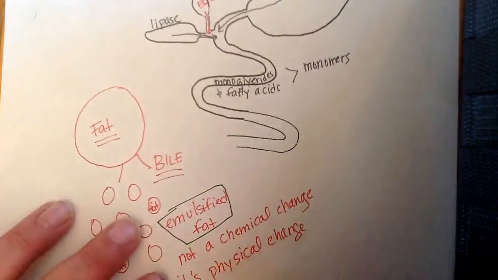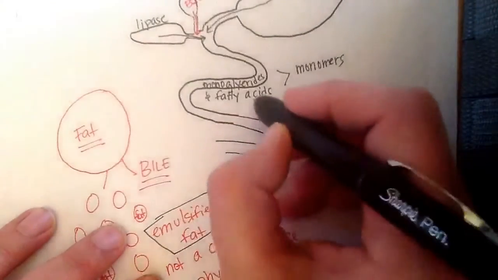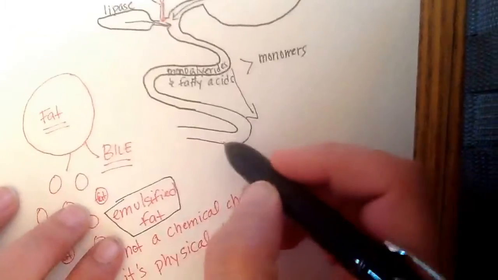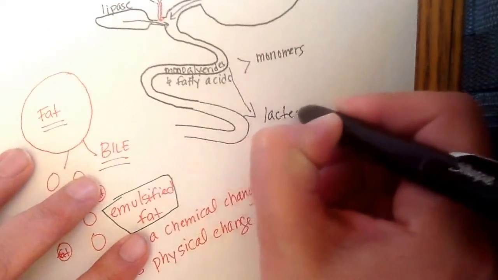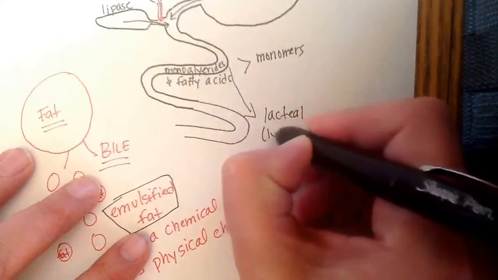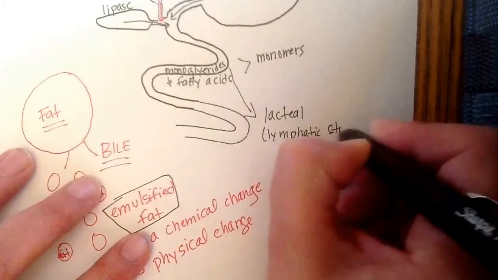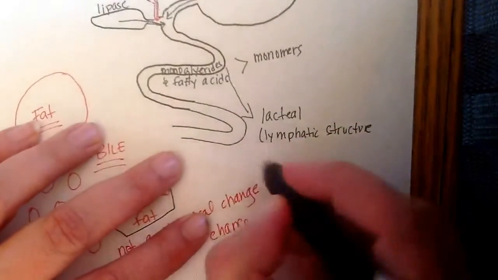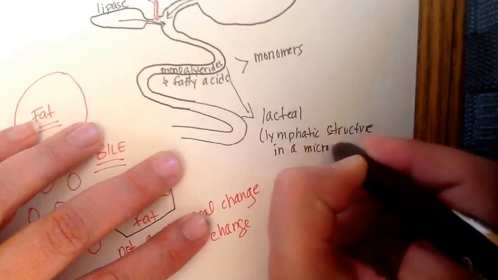These monoglycerides and fatty acids are going to move out of the capillary beds, and they're going to move into a structure called a lacteal. Okay, and this is the lymphatic, it's a lymphatic structure that you're going to find in a microvilli.